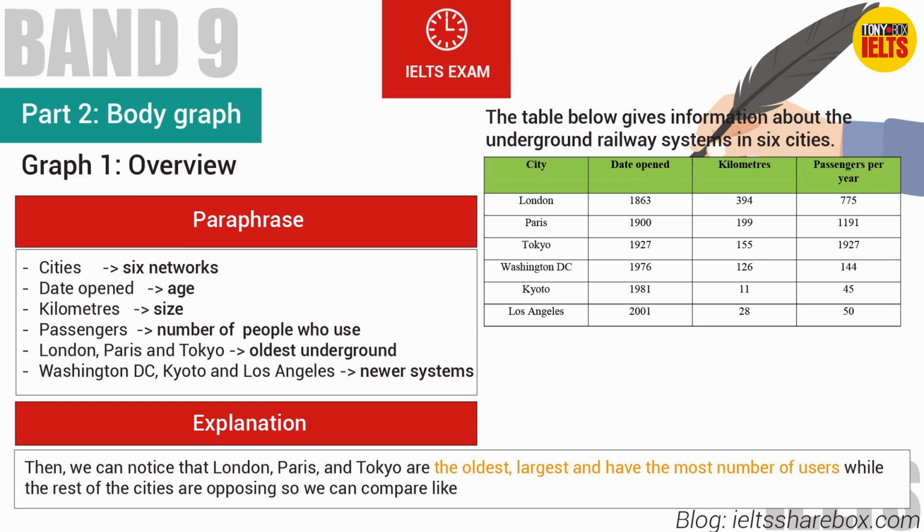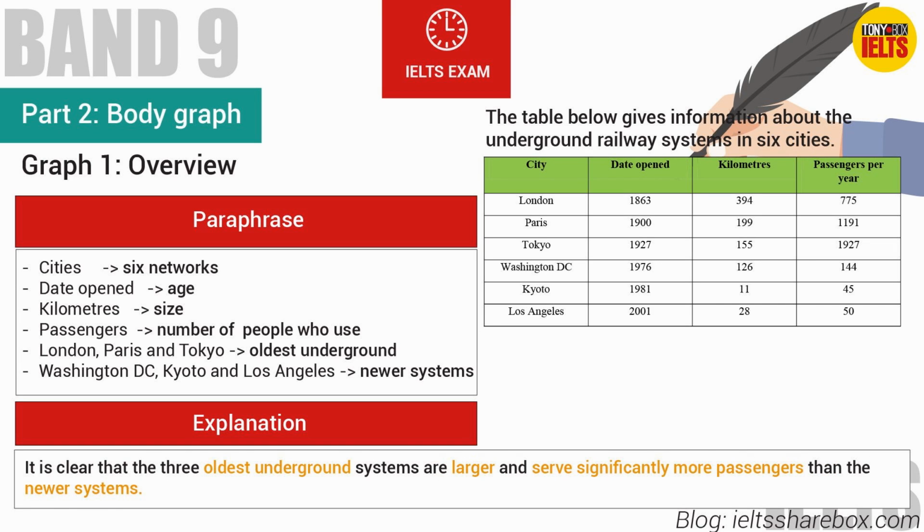Then we can notice that London, Paris, and Tokyo are the oldest, largest, and have the most number of users, while the rest of the cities are opposing, so we can compare like, it is clear that the 3 oldest underground systems are larger and serve significantly more passengers than the newer systems.